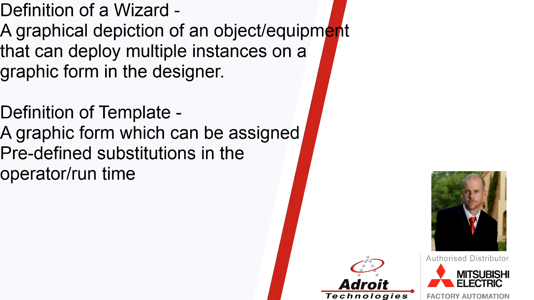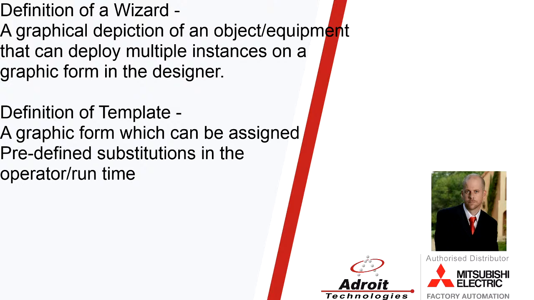It has a different structure and different functionality, but you work very similar to a graphic form in the Smart UI. Typically, you'd create a wizard graphic form, place an object on it, and then assign a data element that would drive a property, and then change that hard-coded data element into a substitution, which we'll look at in a little bit.